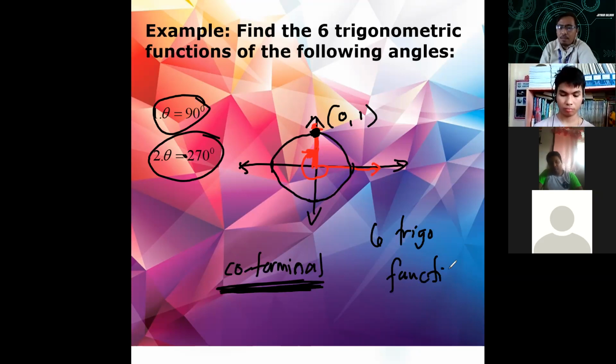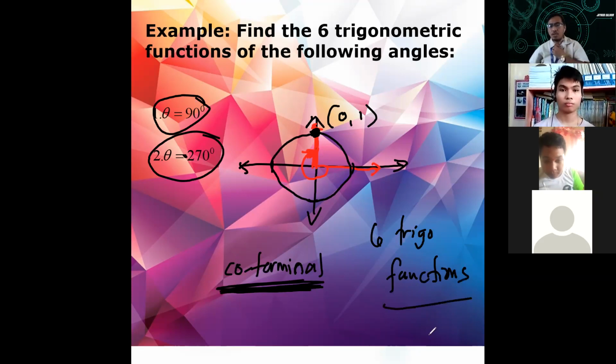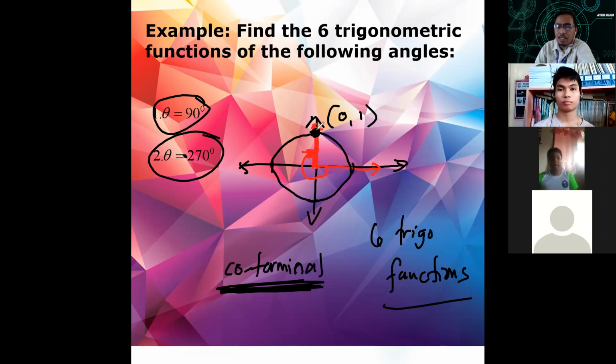Okay? They are in different measurements, but their 6 trigonometric functions are the same. So I will not compute it anymore because I already provided it a while ago in the measurement of 90. It just happened that they have the same terminal point.